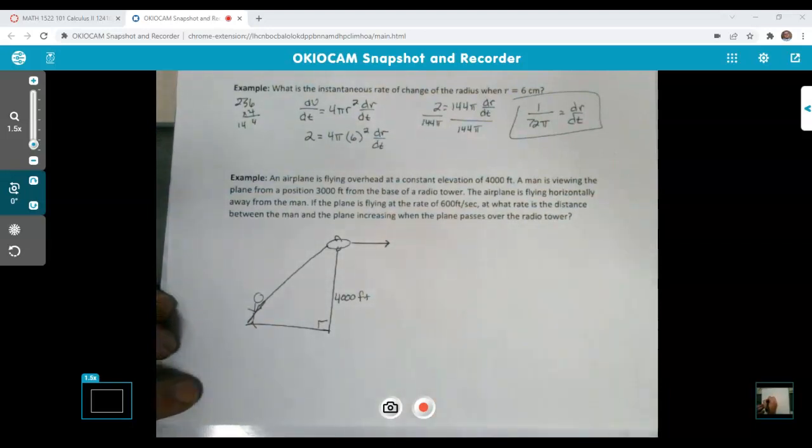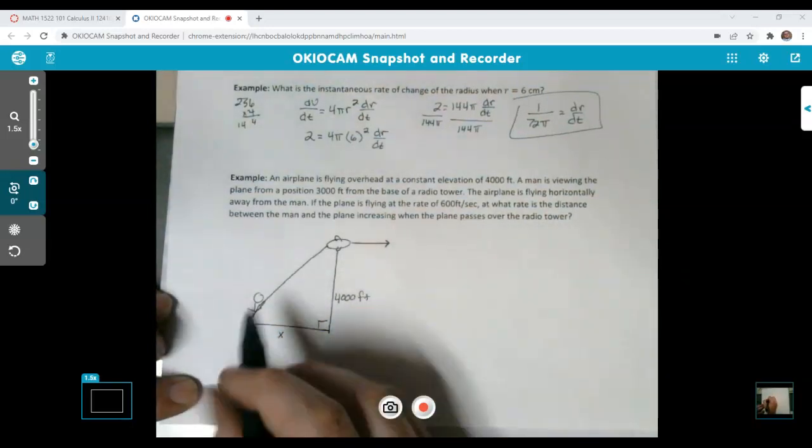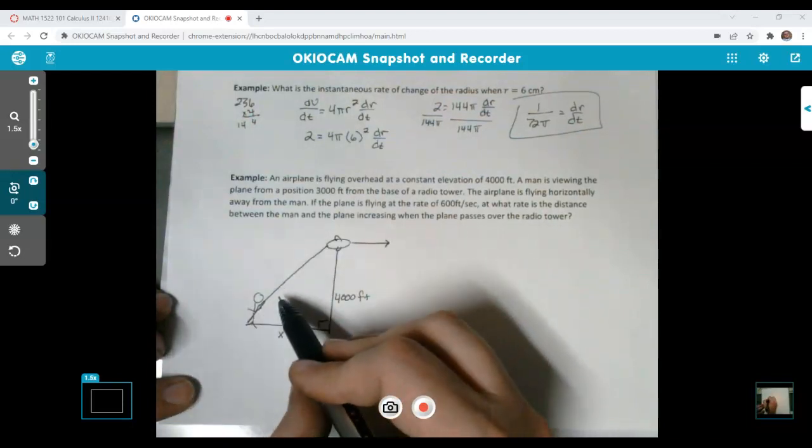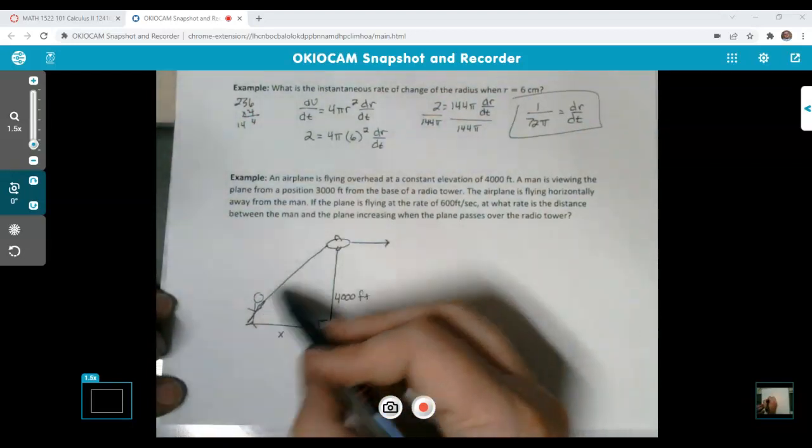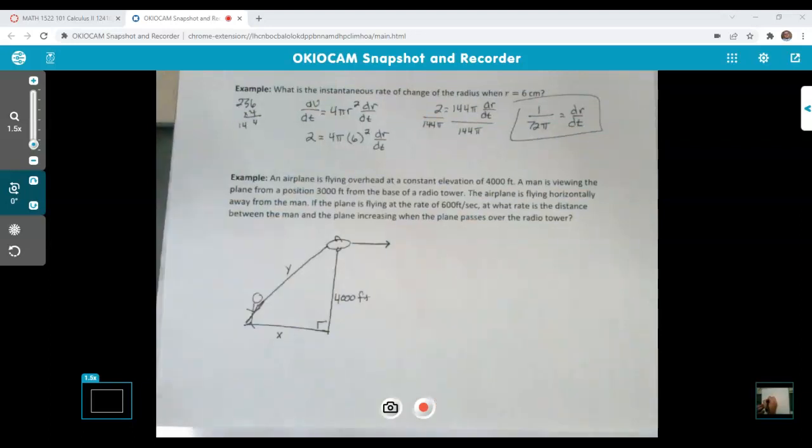Therefore, let's just name that an x. Since this length is not constant, neither is the hypotenuse, right? So the hypotenuse, let's just name that a y. It doesn't matter, though. I could use a and b, I could use L and h. I just picked x, y.